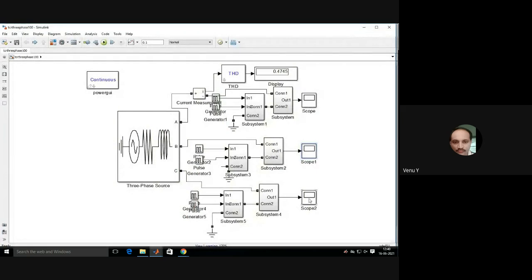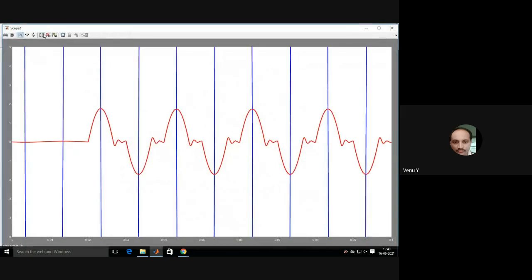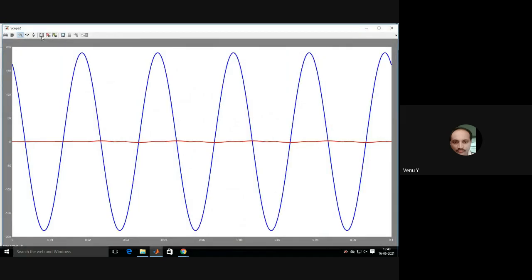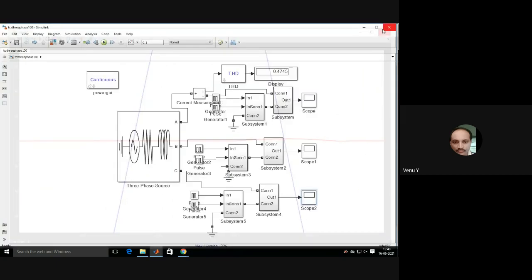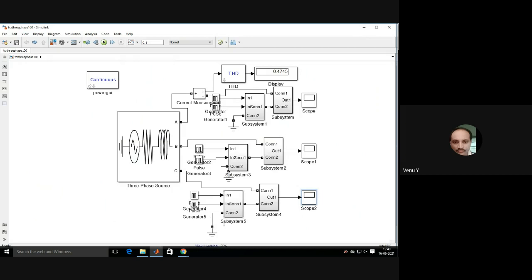Coming to the third phase. Some problem in third phase.